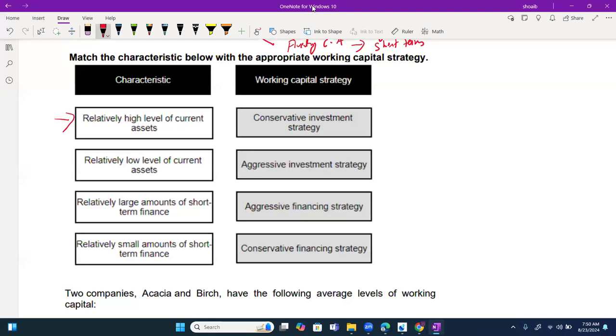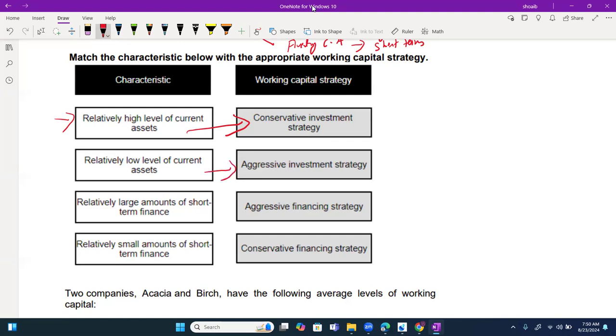So this is more likely a conservative strategy. And conservative investment strategy, this is correct. Relatively low level of current assets. Low level of current assets. If you are making a lower level of current assets, that is an aggressive investment policy.